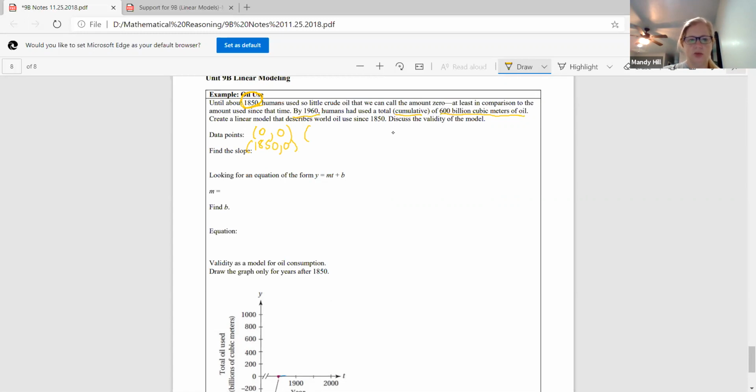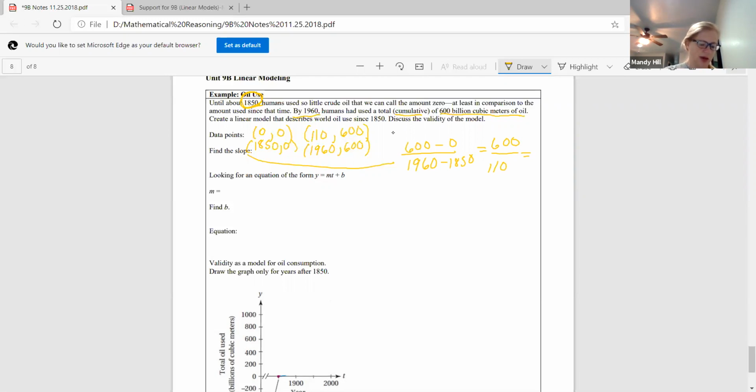From 1850 to 1960, there are 110 years that have gone by, and we've used 600 billion cubic meters of oil, or we could write that 1960, 600. If we want to find the slope, we subtract our y values, 600 minus 0, and our x values, 1960 minus 1850. That's going to get me 600 billion over 110.